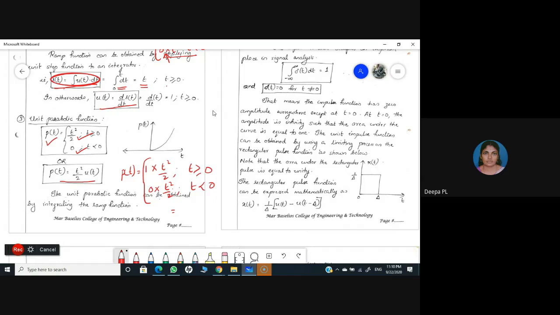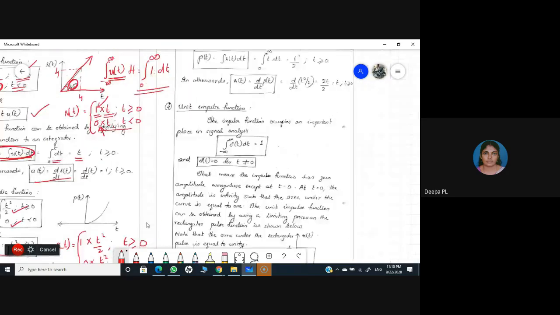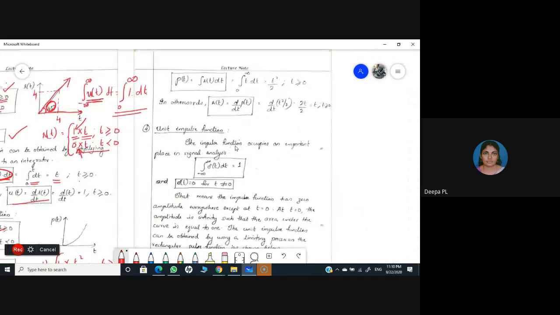So I can write p of t is equal to t square by 2 into u of t. Another relation is that the unit parabolic function can be obtained by integrating the ramp signal. You know that the ramp signal is r of t equal to t for t greater than or equal to 0, otherwise it is equal to 0. If I'm integrating r of t dt, where t varies from minus infinity to infinity, this changes to the integral from 0 to infinity of t dt, since r of t has amplitude equal to 0 for t less than 0.